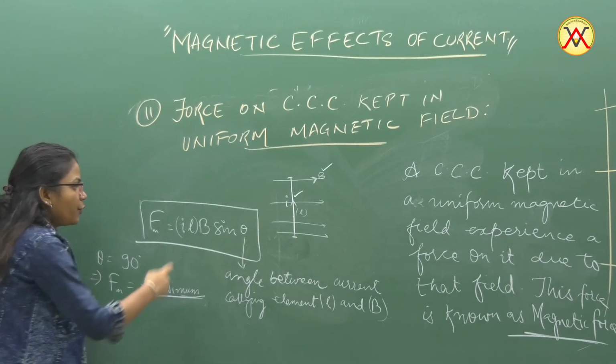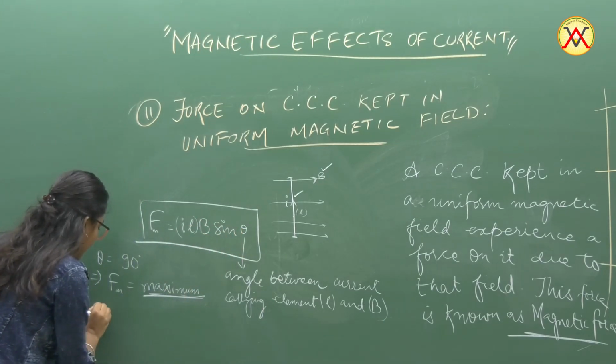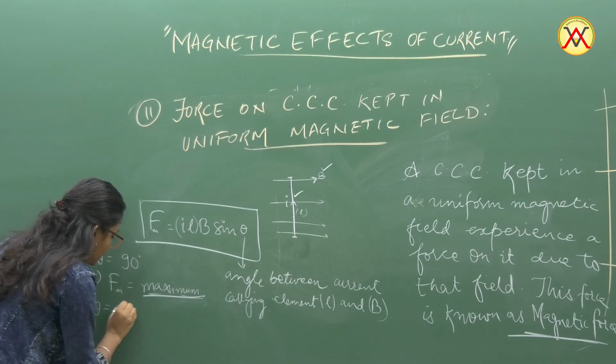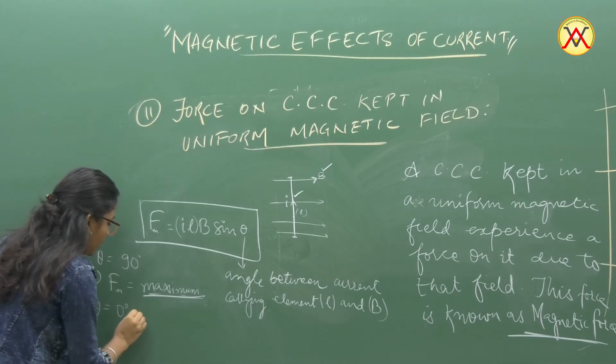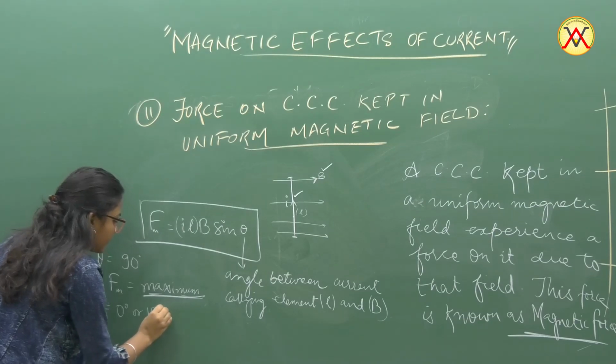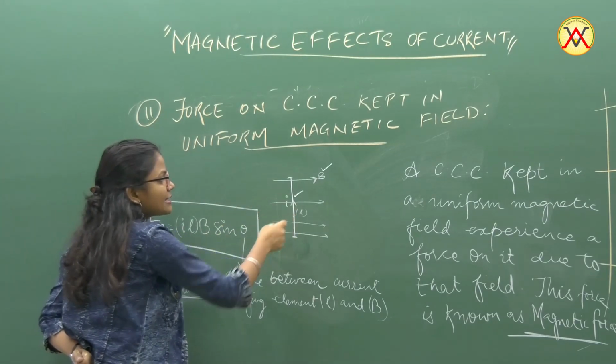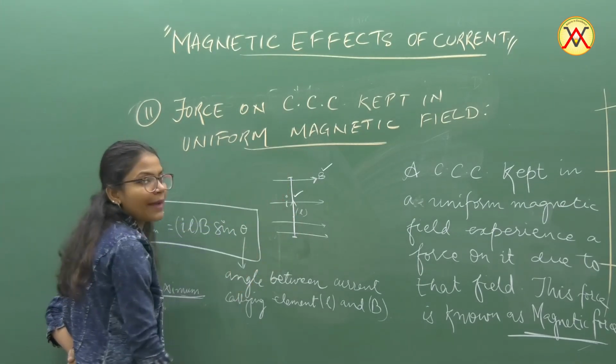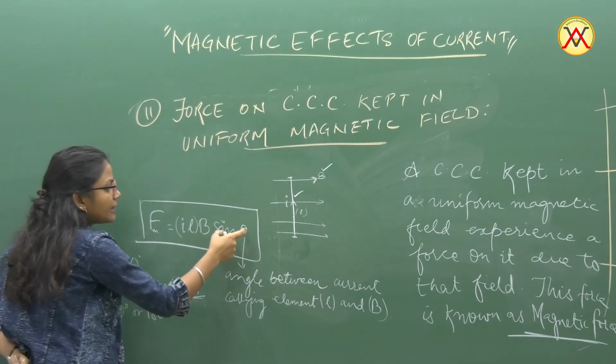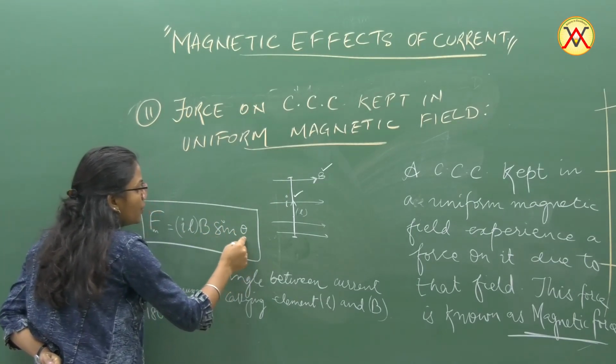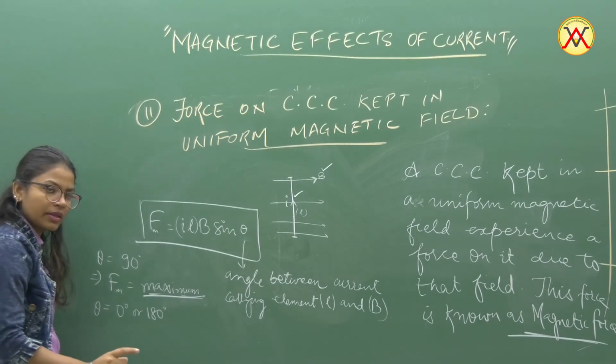value. Now, when theta equals 0 degrees or 180 degrees, that is when the current carrying wire is kept parallel or anti-parallel to our magnetic field, at that time sin theta will be equal to 0, right?